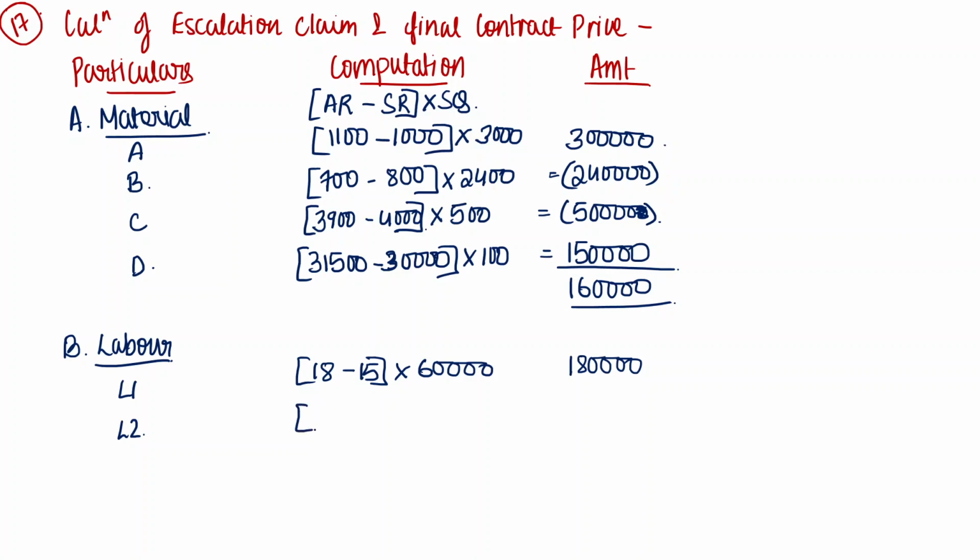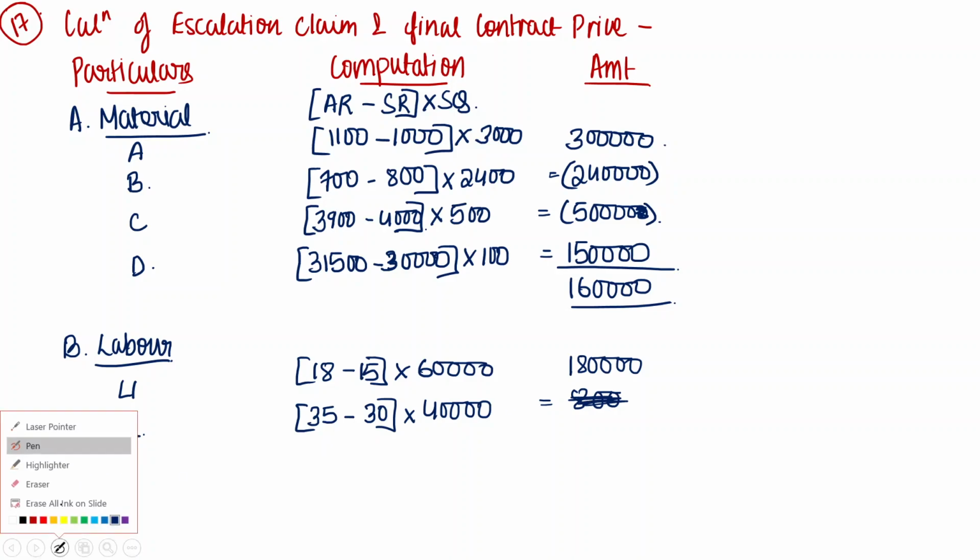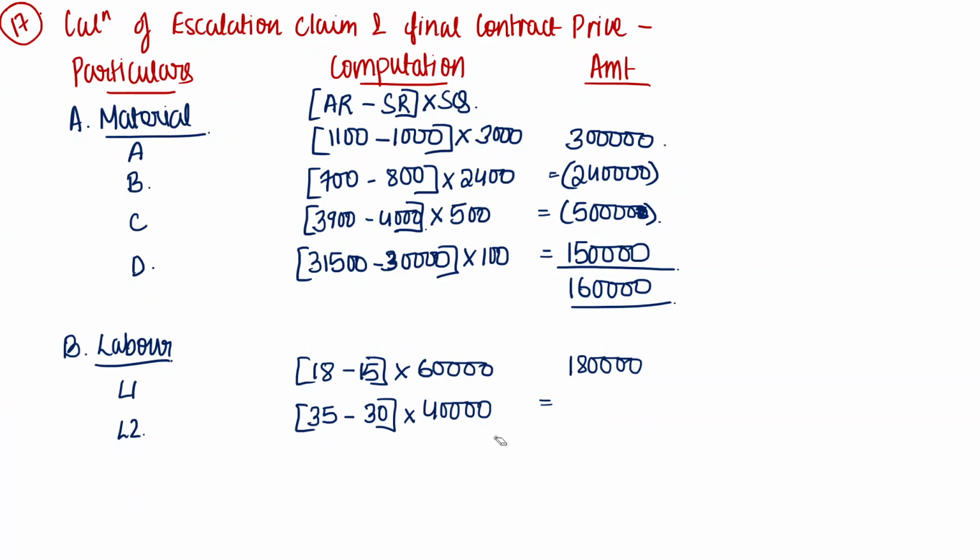And we paid 35. We should have paid 30 on 40,000 hours. 5 fours are 20. That is 2 lakh. So that is 3,80,000.